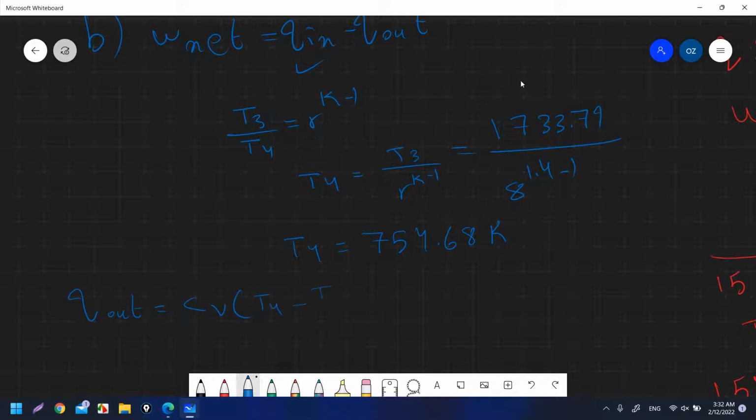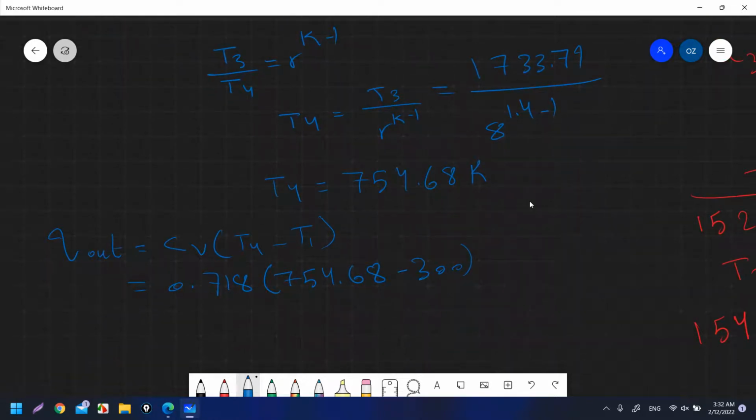And then Qout is equal to cv times (T4 minus T1). cv from the table is 0.718. T4 is 754.68 minus 300 Kelvin, T1, and then Qout is 326.46 kilojoule per kilogram.